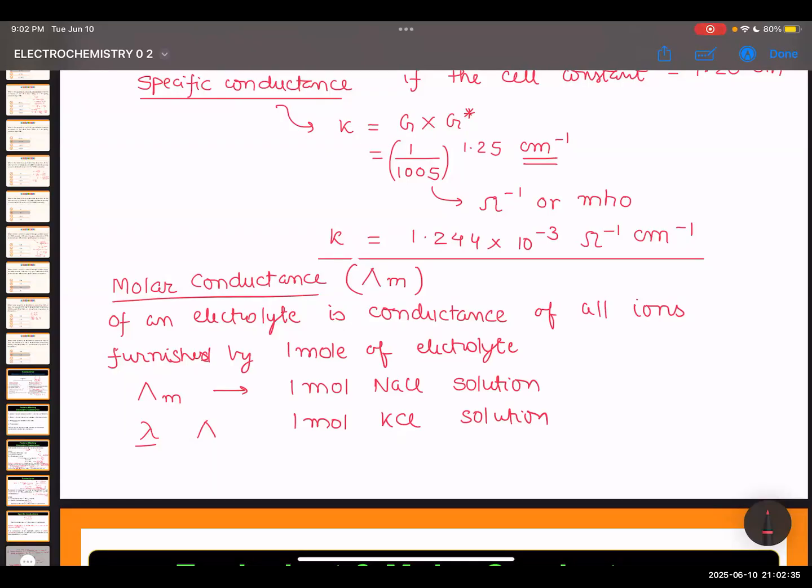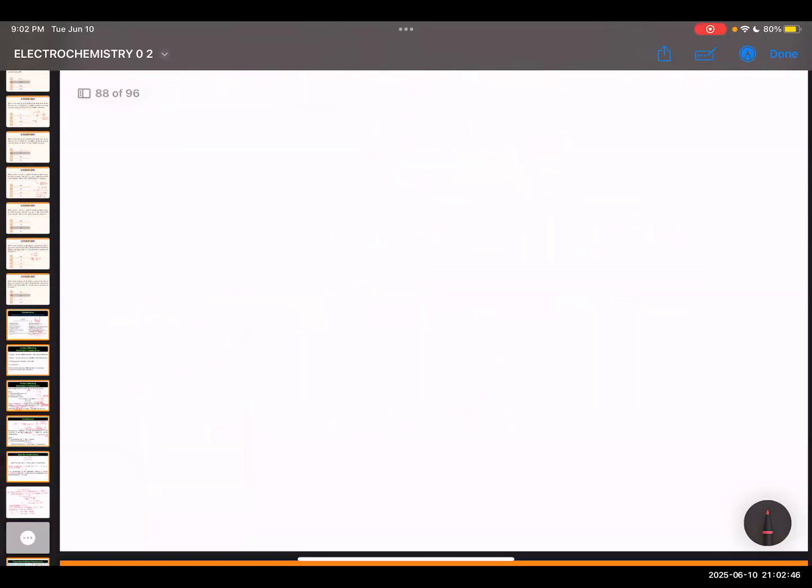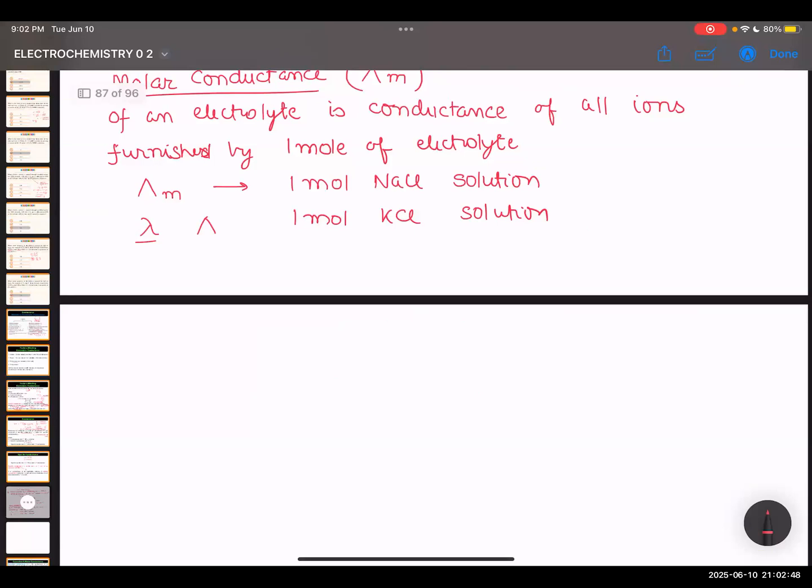Irrespective of its volume. Right? So suppose it may happen, you can have 1 mole NaCl in a large amount or 1 mole NaCl in a small amount.